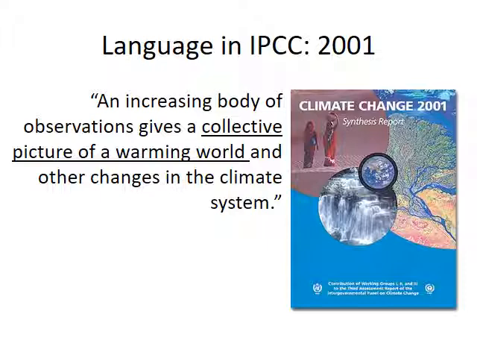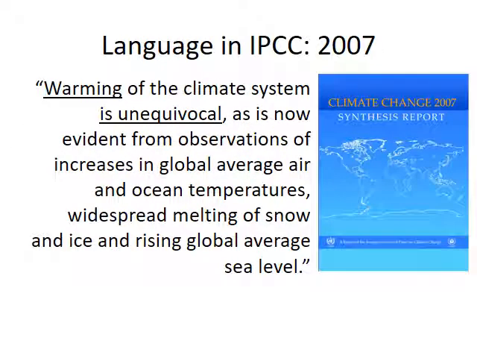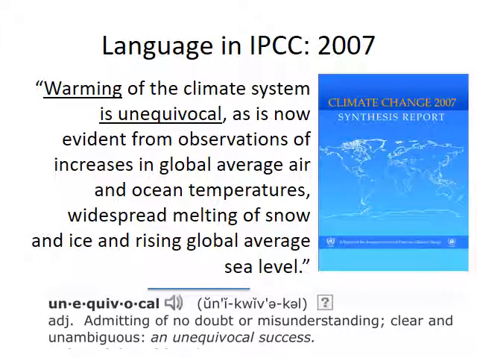That must be essentially 20 years ago. So it was sort of modest language. 6 years later, in 2007, it sounded a little bit different. They said warming of the climate system is unequivocal, as there is now evidence from observations and so on. Unequivocal means there is no doubt and no misunderstanding.